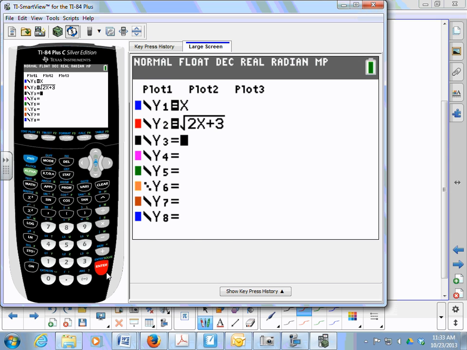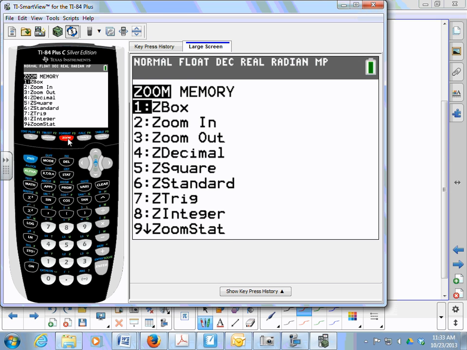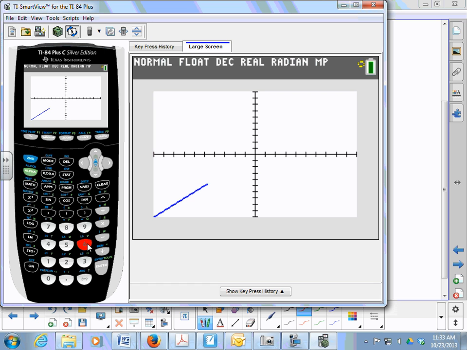Now, zoom 6, graph it. Here's our line y equals x. Here's our line square root of 2x plus 3. How many places do those two lines intersect? 1. So there's only one answer.